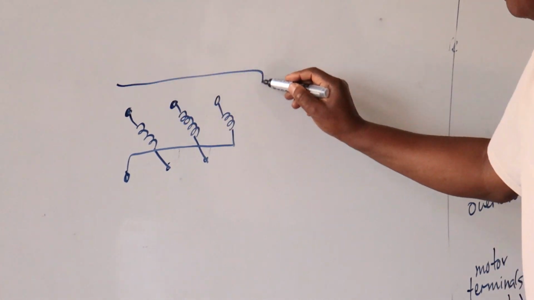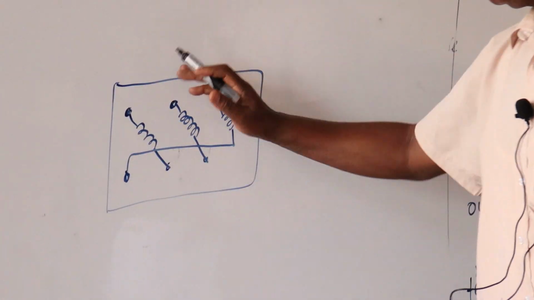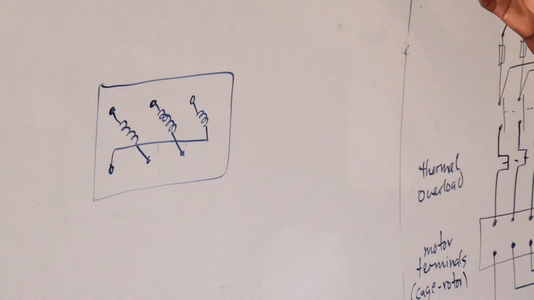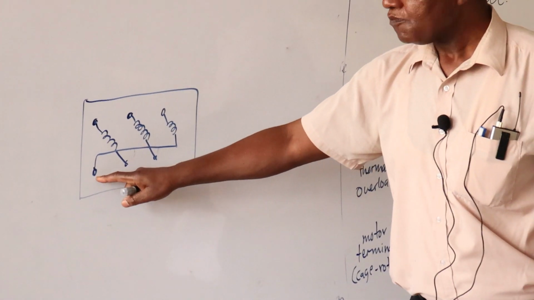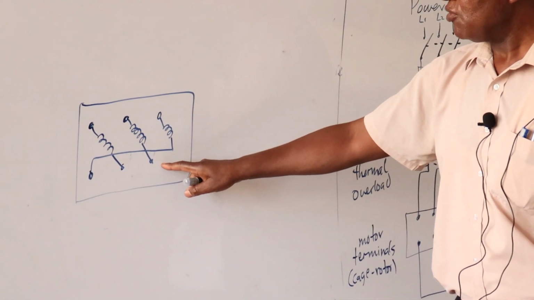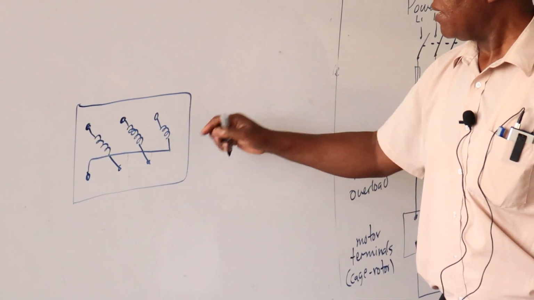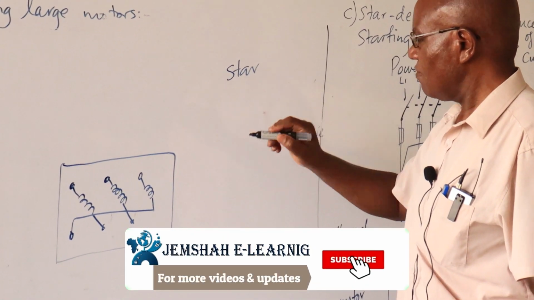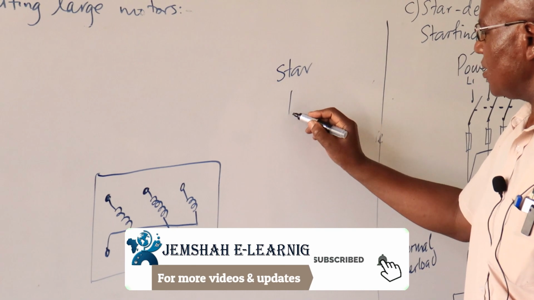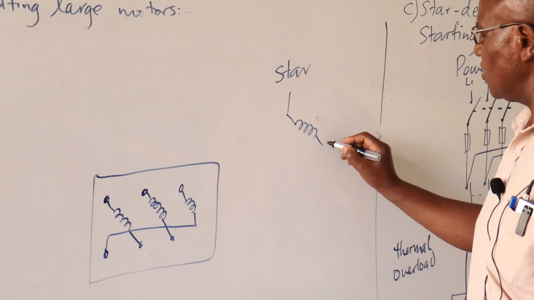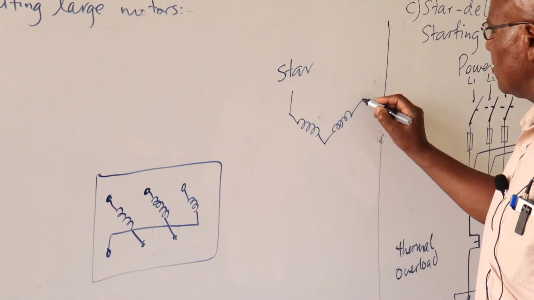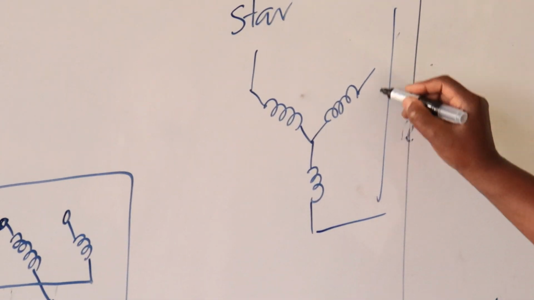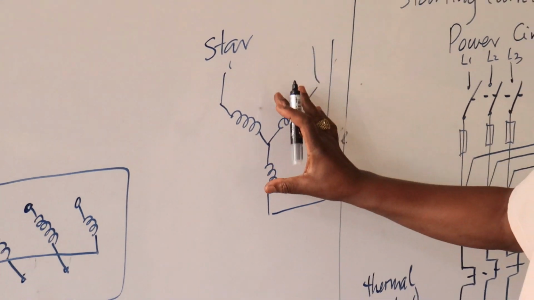So these are my motor connections. We said you use a meter to know how the windings are connected. Now, in star connection, I will simply short these terminals here, and then this is for the star connection. When I do that, it will mean my stator windings will be connected in a star connection like that one.